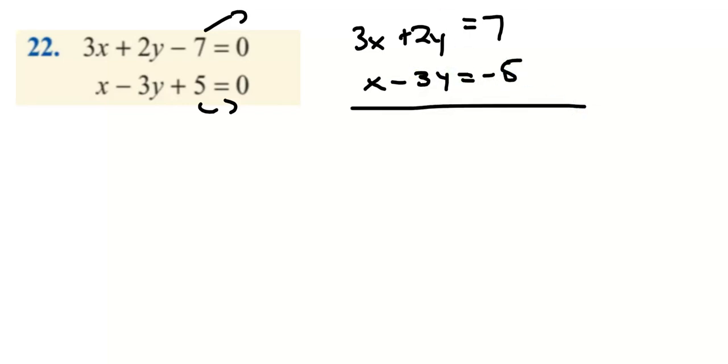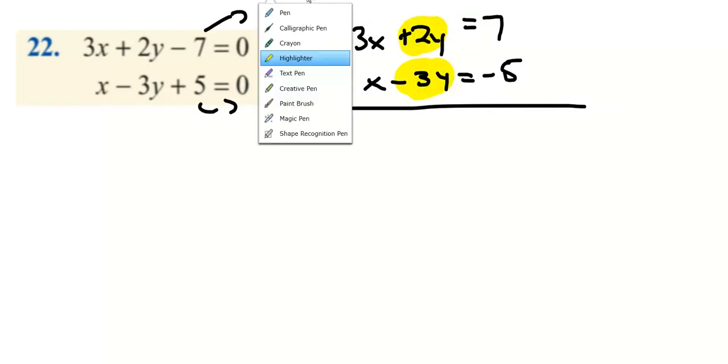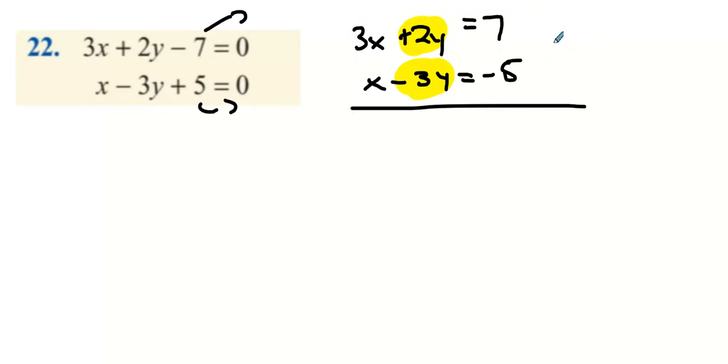Next thing we do is multiply the, I'm going to get rid of the y's first. So I highlight the 2y and the minus 3y, and I feel I can turn them both into 6's. Multiply the top one by 3 and the bottom one by 2. And what should happen is we get 9x, because 3 times 3x is 9x, 3 times 2y is 6y, and then finally 3 times 7 is 21.